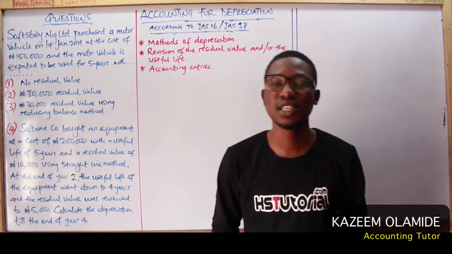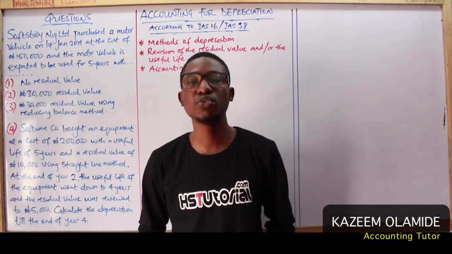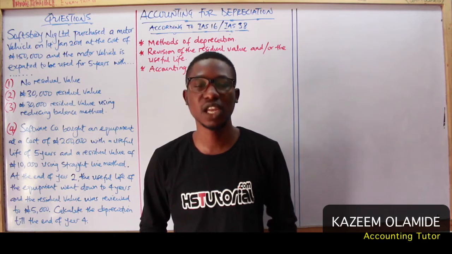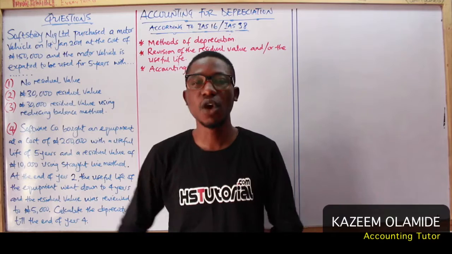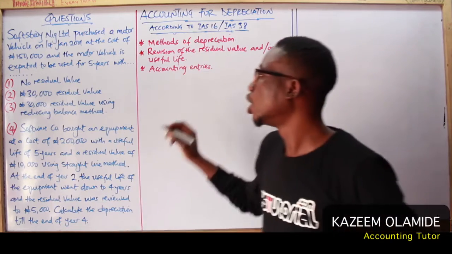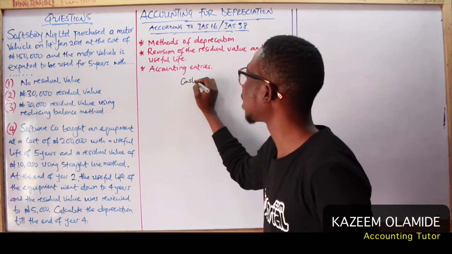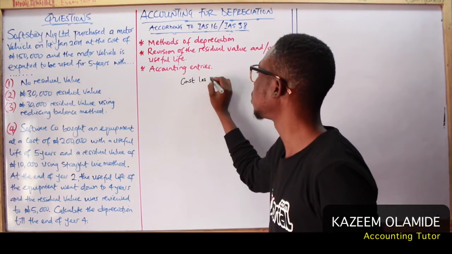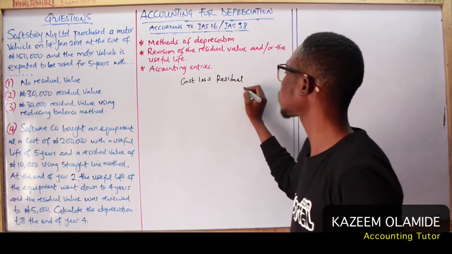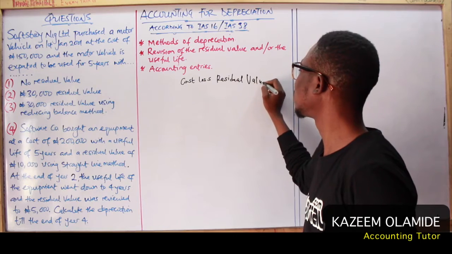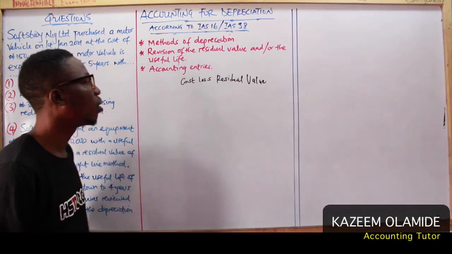According to IAS 16, depreciation is the systematic allocation of the depreciable amount of an asset over its useful life. What does depreciable amount mean? Depreciable amount means the cost of an asset less its residual value.